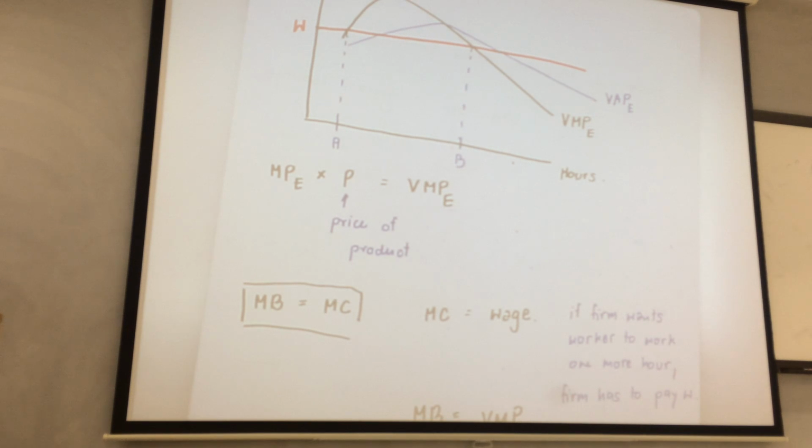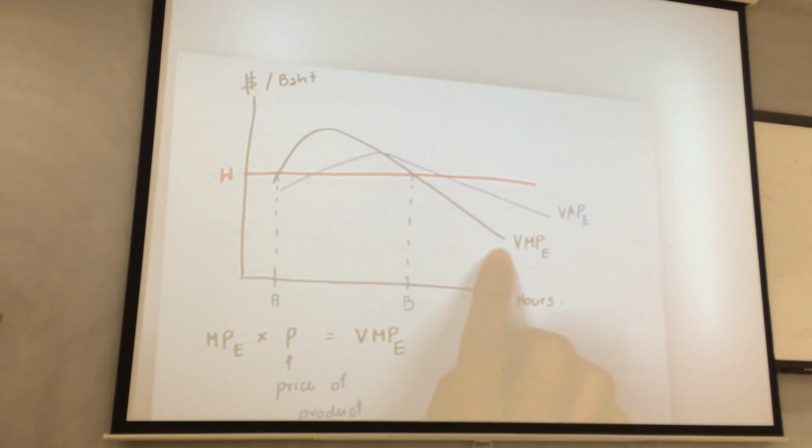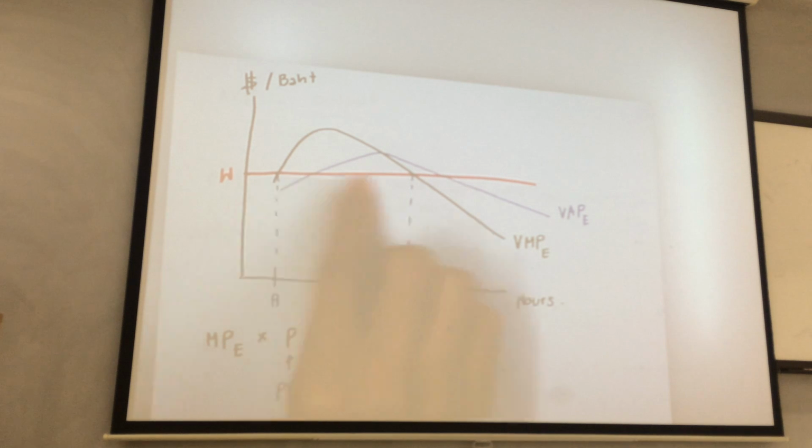But what is implied in that is that before that, marginal benefit is higher than marginal cost. So you continue to hire more. So you are looking at the location where before this, marginal benefit is higher than marginal cost. So the VMP has to be higher than W, right?